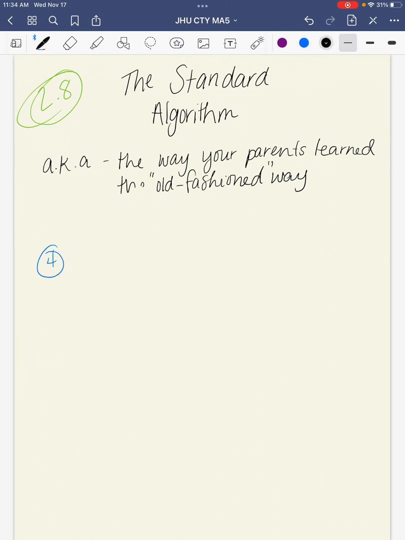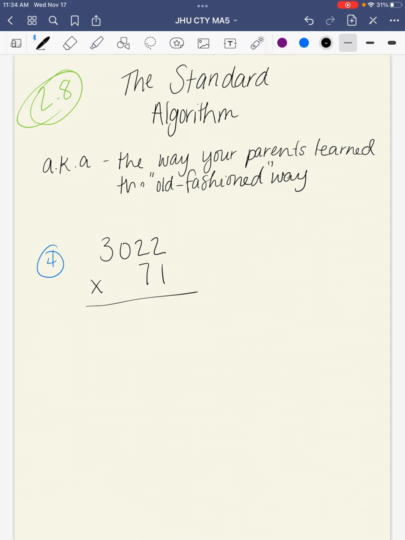So first of all, this is our fourth strategy. So if I have the problem 3022 times 71. I'm working through it. I know I'm going to have at least 2 lines of addition with my products at the end. So I can go ahead and start already thinking about this problem. Okay, this is kind of like 3000 times 70.